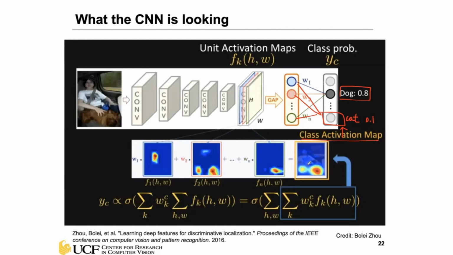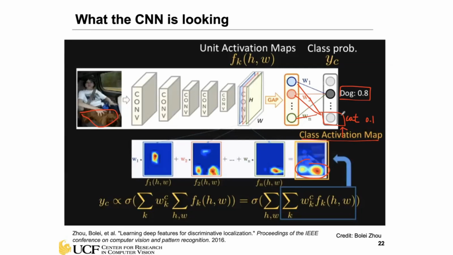This is the final weighted average feature map, and the authors called it the class activation map, right? For which class has this region been mostly activated? These are the highlighted regions. If we go to the original image, it highlights the pixels of the dog. That's why you see the highest probability for the dog, because the network mostly focuses on the pixels of the dog.